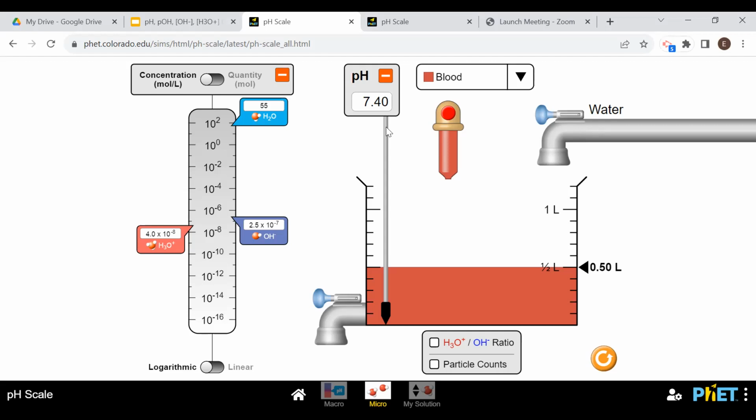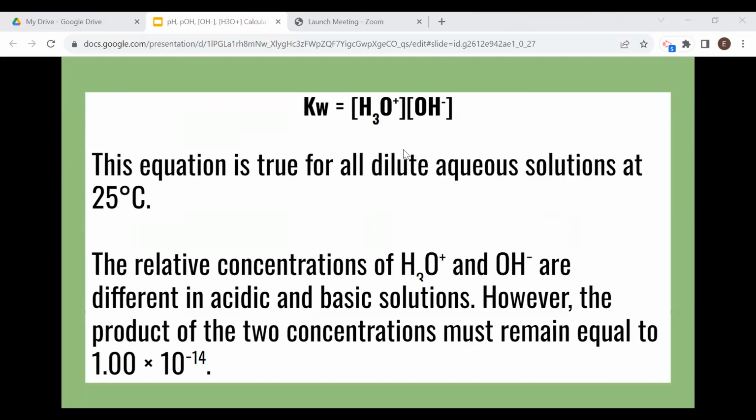So it doesn't matter. The product of both of them will always come out to that. This equation is true for all dilute aqueous solutions at 25 degrees Celsius. The relative concentrations of hydronium and hydroxide ions are different in acidic and basic solutions. However, the product of the two concentrations must remain equal to 1.00 times 10 to negative 14.